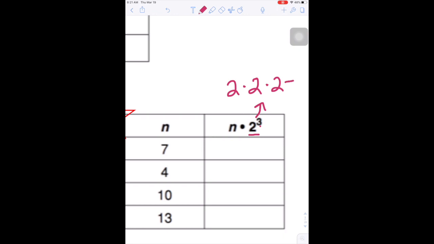Careful, careful, careful. A lot of students want to say 6. It is not 6. So use your calculator to figure out what this would be, or use mental math to say what is 2 times 2 times another 2. Again, the answer would not be 6. And then you could just cross it out and write what the answer is here that you're going to multiply by.